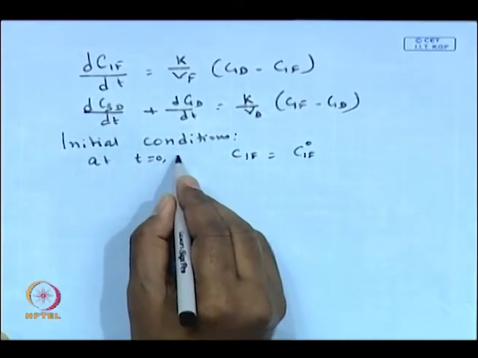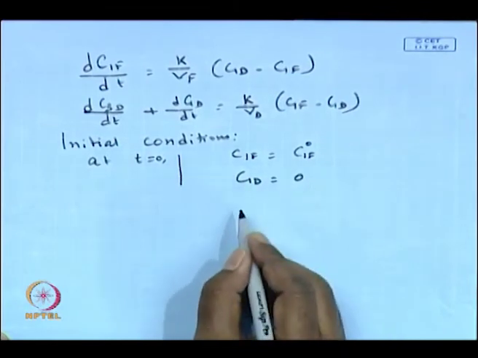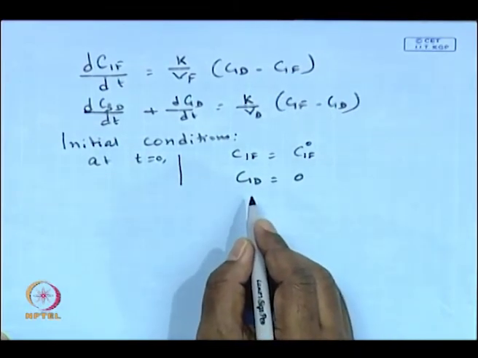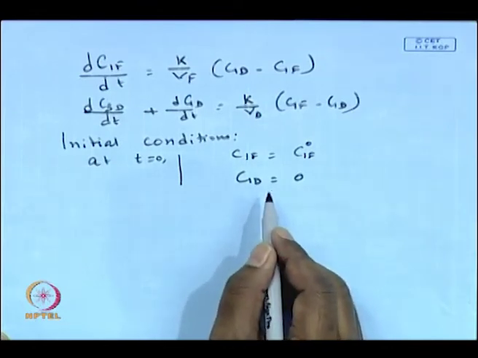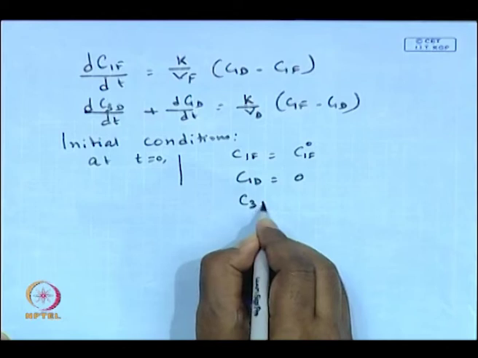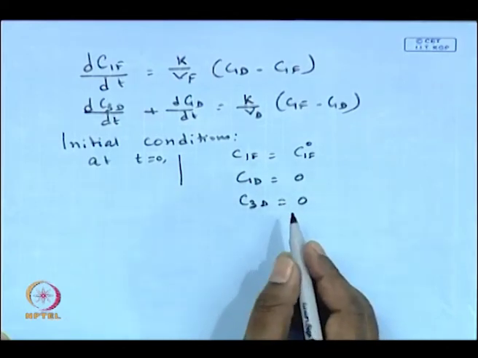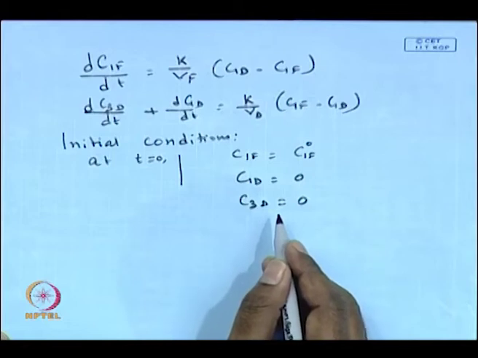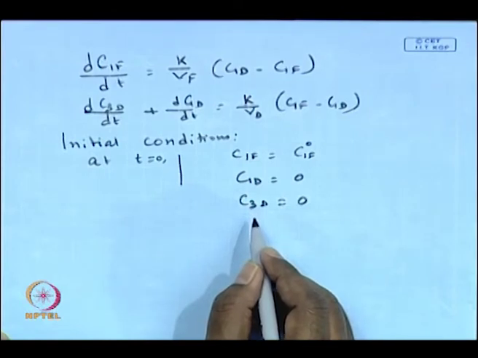At time t equal to 0, C1d is equal to 0. That means at the start of the process there is no solute crossing over to the dialysate side, and C3d is equal to 0, because there was no solute present on the dialysate side, so there is no chance of having a reaction. So, the concentration of component 3, the anilinium ion, will be equal to 0 at time t equal to 0.